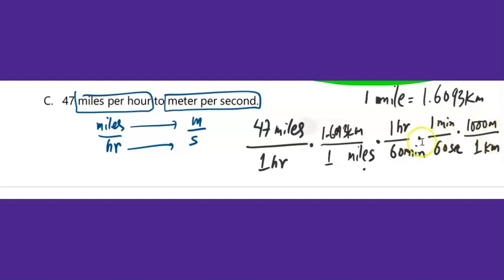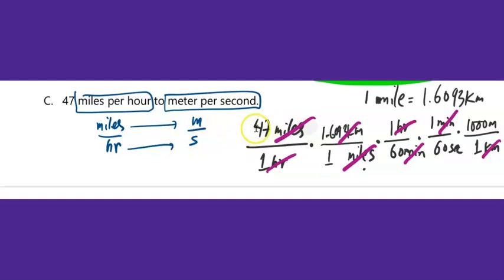So you have a chain of fractions, you multiply each other to get the desired unit. So if you do that, miles cancel, minutes cancel, hour cancel, kilometer cancel.